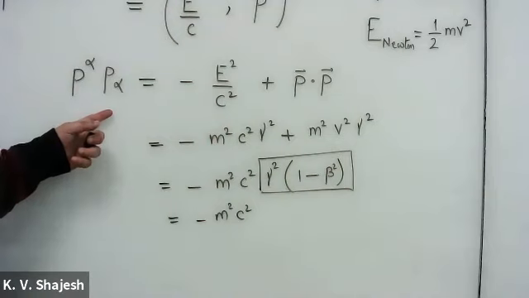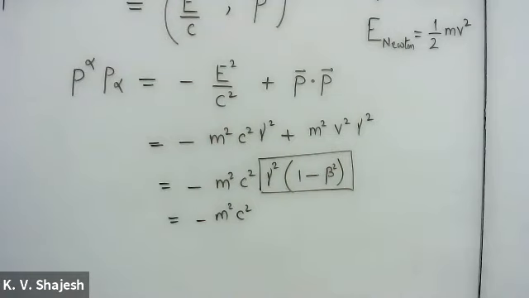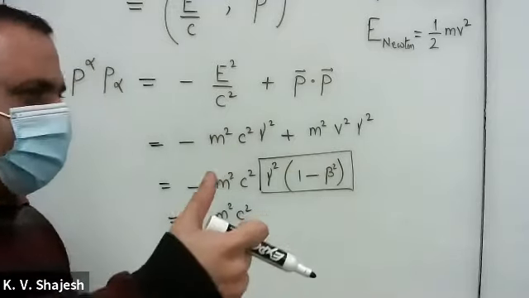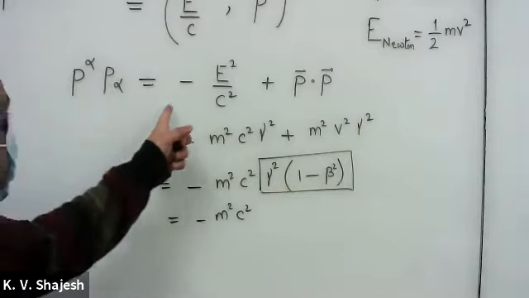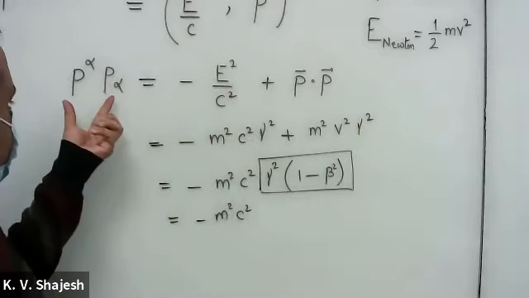You don't want to compare momentum or energy. It's the mass that is remaining the same. Does that mean that if you increase momentum, energy is decreasing? No, because this is a difference in quantity. This is constant.